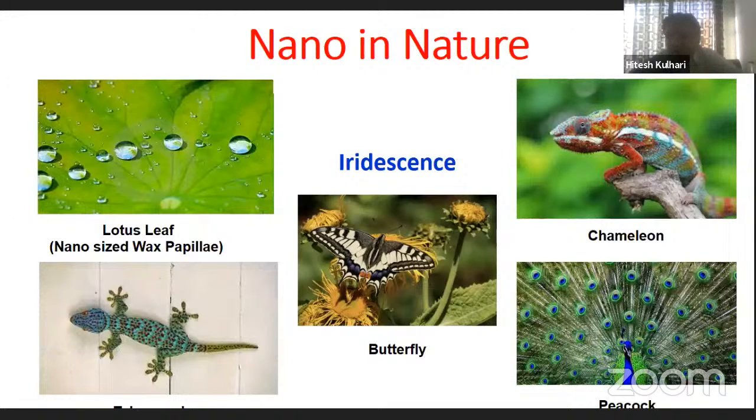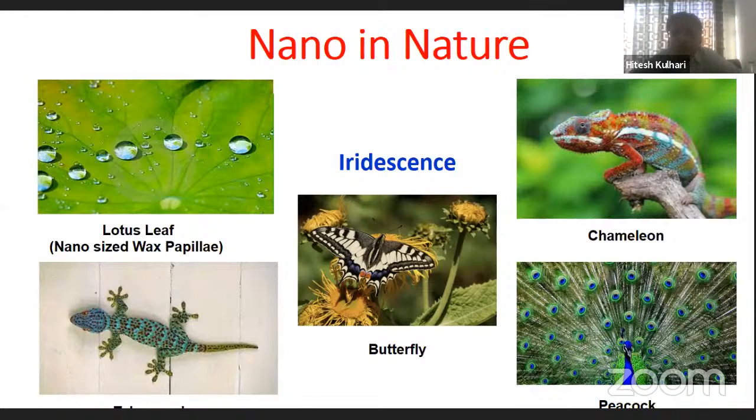Similarly, if you see the peacock, you will see different colors: blue, dark blue, green. Because of the structure present at the nanoscale level, it reflects light in different colors. That is because of the iridescence phenomenon, which is mostly related to the nano.